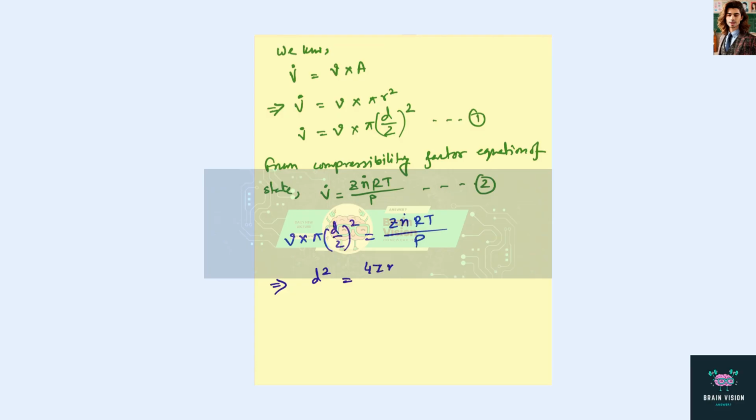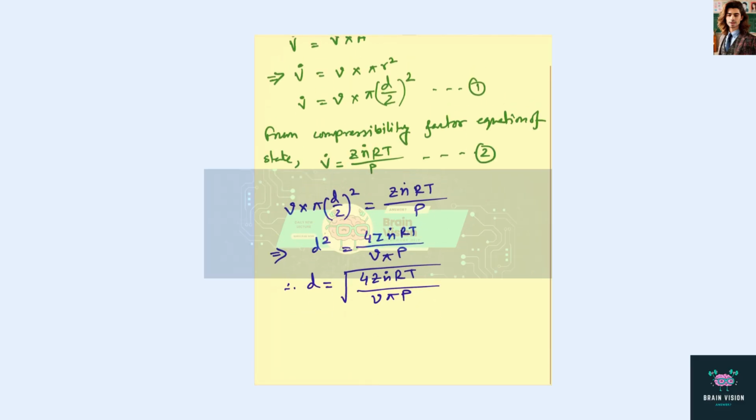D square is equal to 4 Z n dot RT divided by velocity pi multiplied by the pressure, or D is equal to root over 4Z molar flow rate RT divided by nu pi pressure.